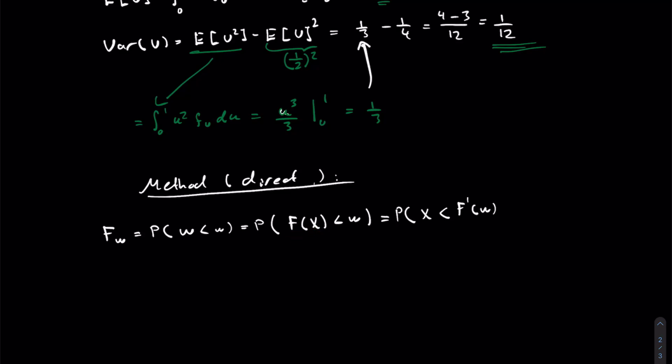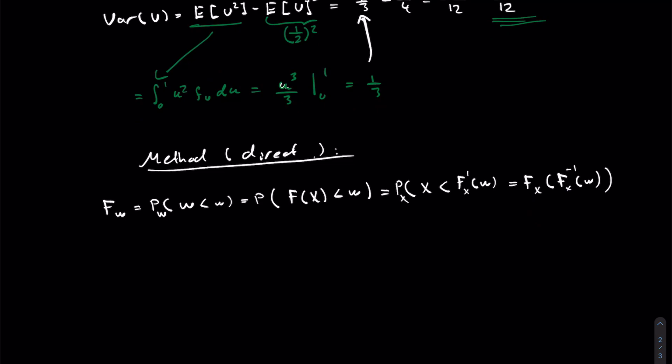So we might want to denote this probability as being over the CDF of x, and in this move we started with the CDF of w. So taking the inverse of this function over that function, those just cancel out, and we end up having w.